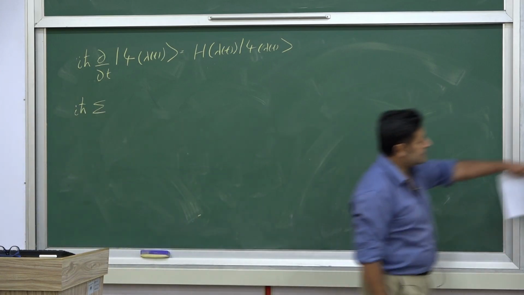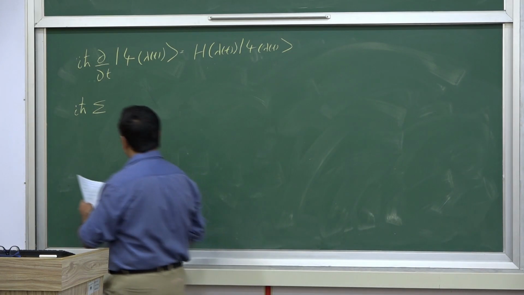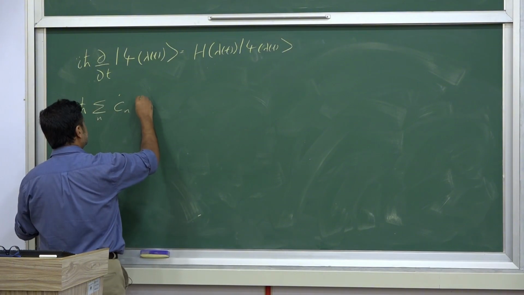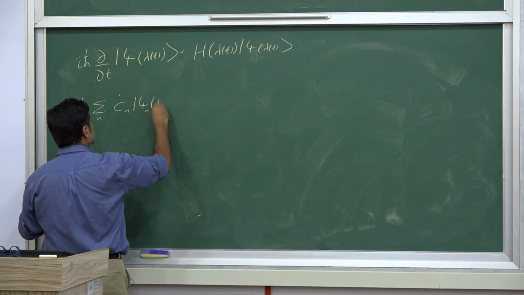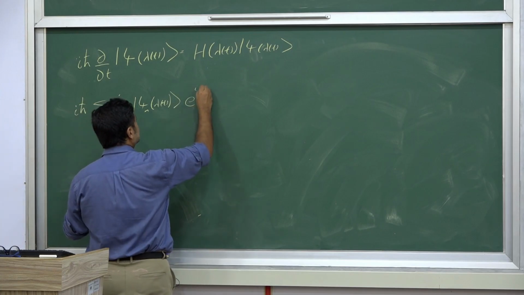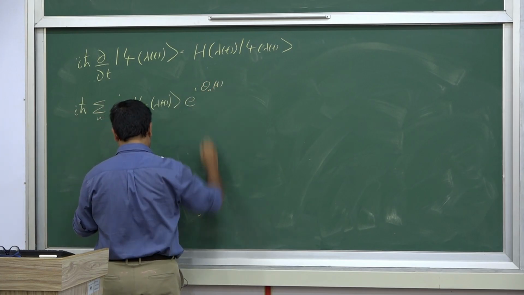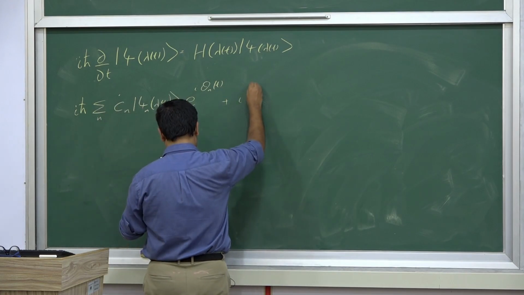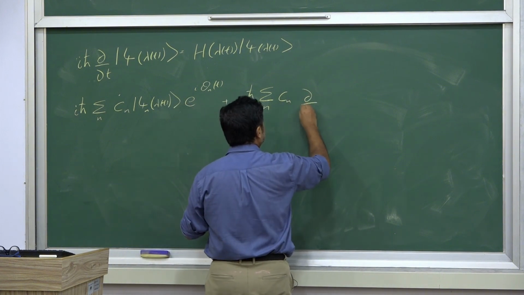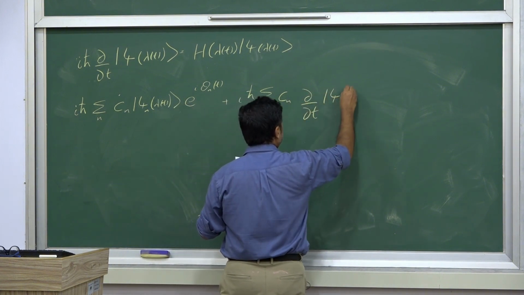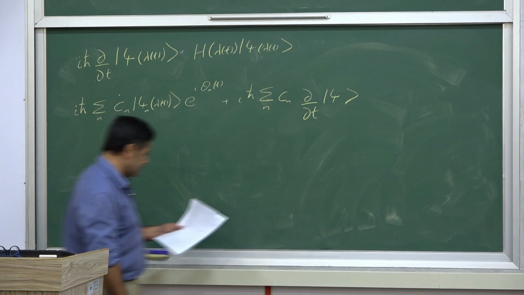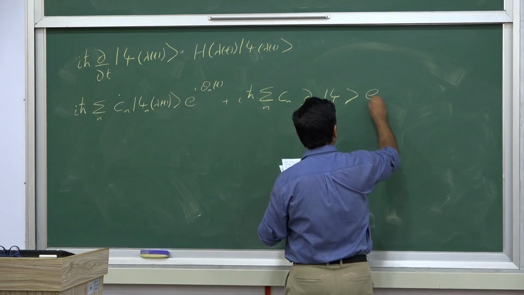So I'm taking this and plugging in there. d by dt. I'm going to suppress for now that dependence on lambda when I don't need it, just to write a bit quickly.